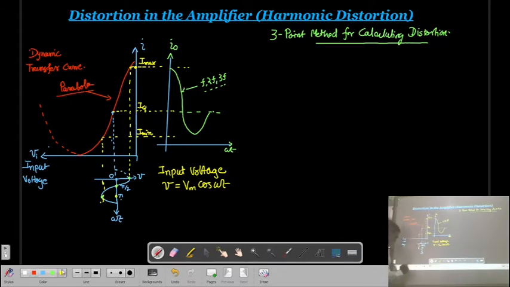So here we will write the relation between the current and voltage for the active device.